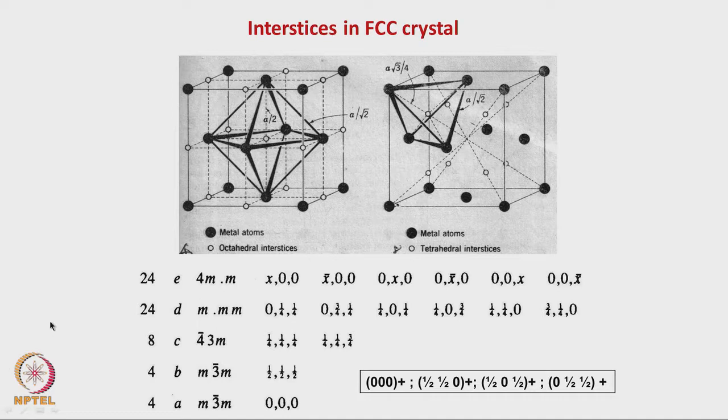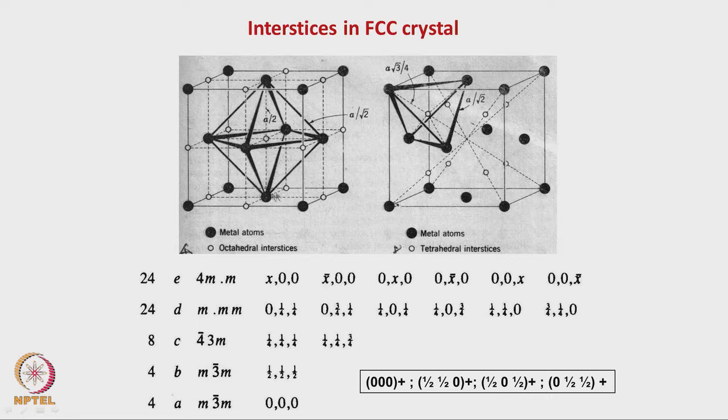And then this position, if you try to fill up this Wyckoff position C, then this will all correspond to tetrahedral sites. This we generally call octahedral sites. All these sites are, as per the Wyckoff table, special positions in the unit cell. You understand that? So if we try to fill these positions, then what is the type of structure which we will generate?